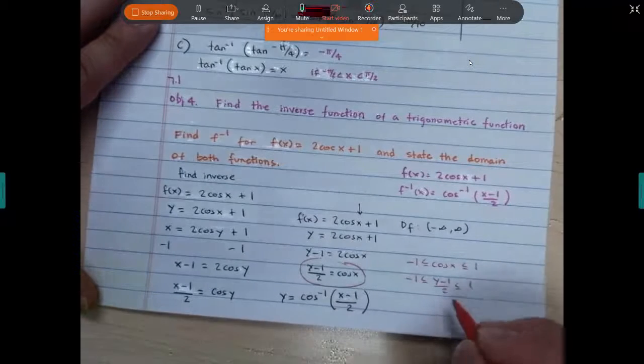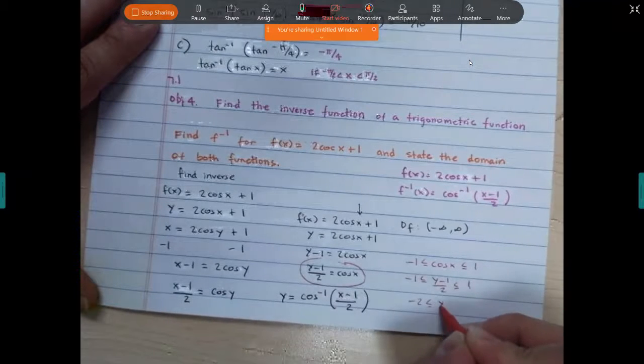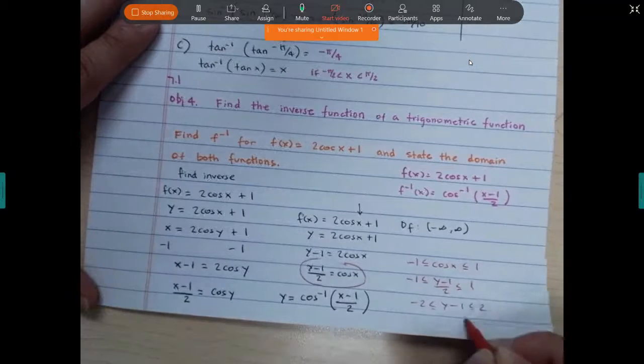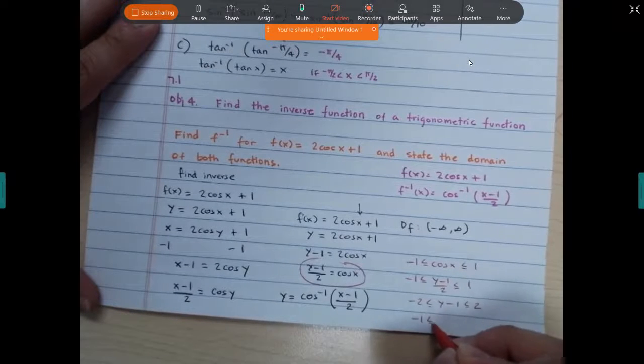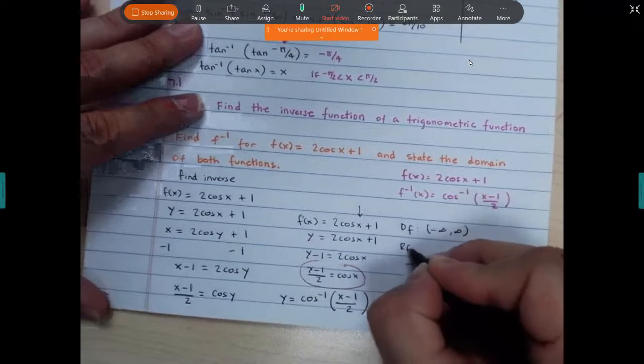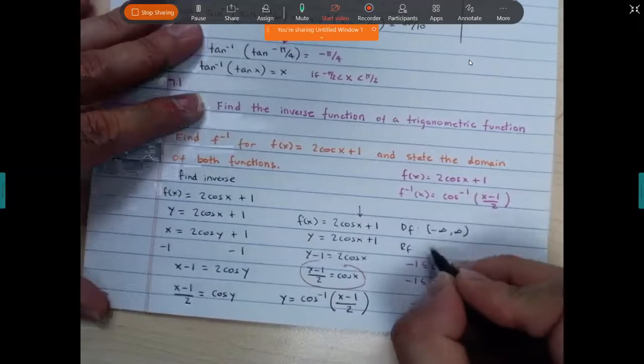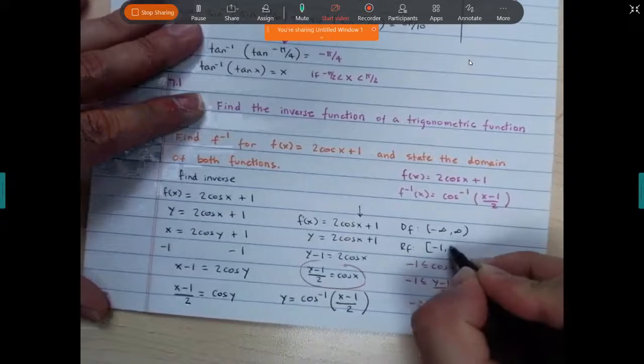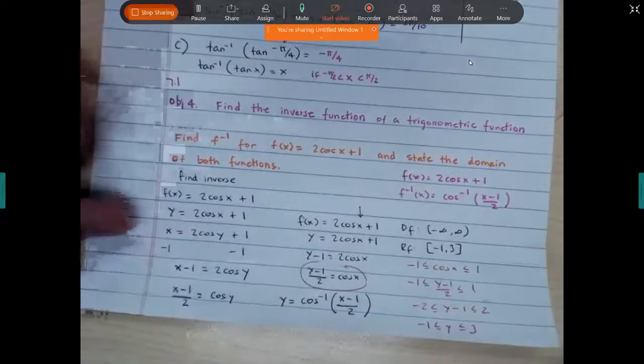So I'm going to multiply by 2 on both sides. I'm going to add 1. So the range of f is the y values from -1 to 3.